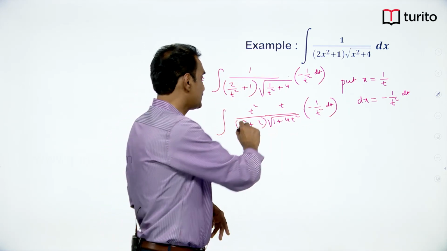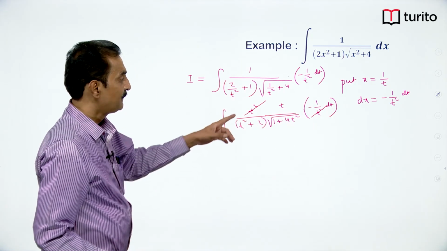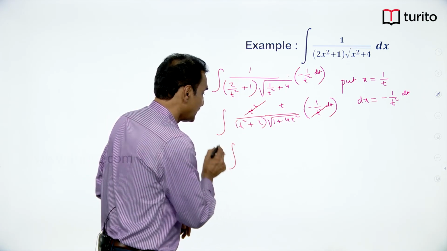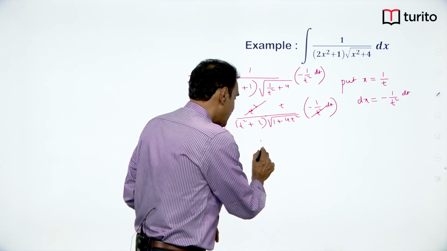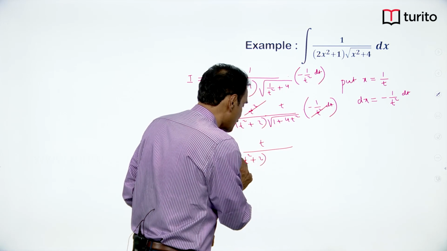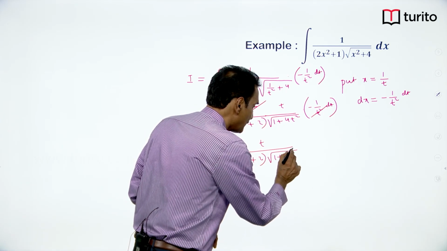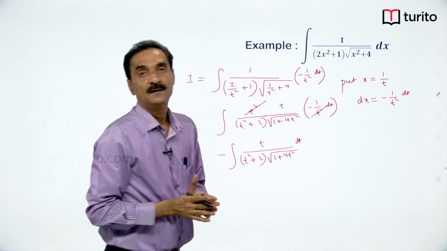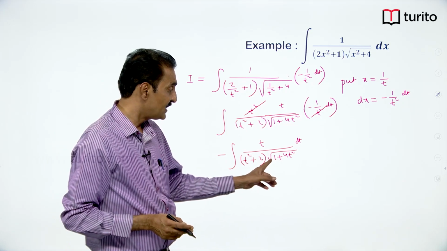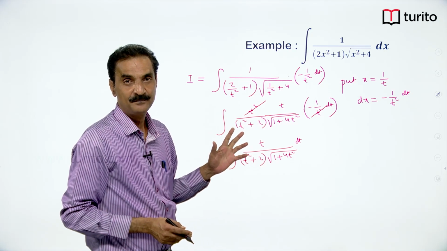Now, you can cancel t square. Then minus integral t by t square plus 2 into root 1 plus 4t square. Now, we can notice that derivative of t square is 2t, t is present in numerator.